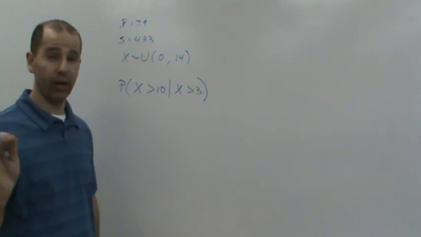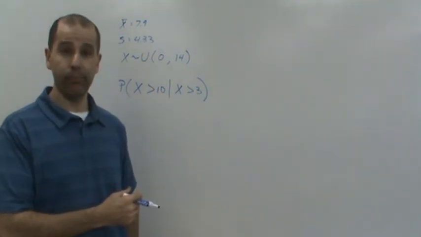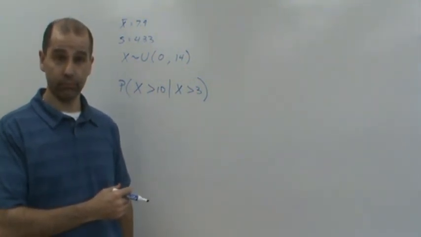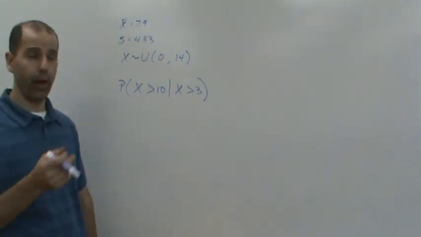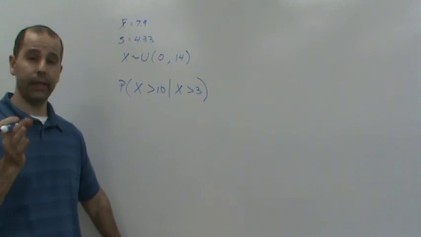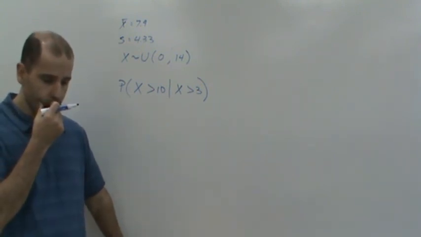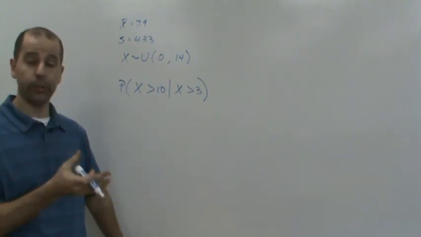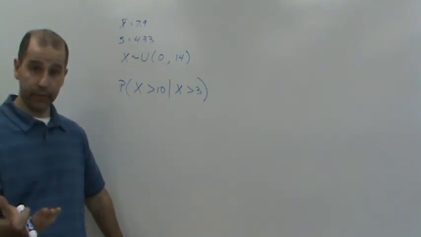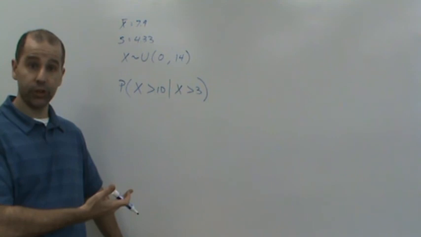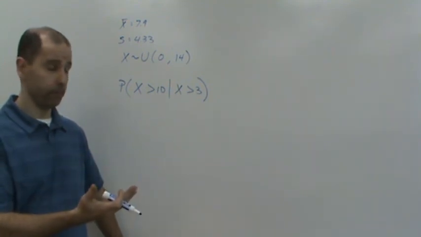We can ignore everything less than 3. Okay? What does it do to our distribution? Well, remember in chapter 3 when we talked about conditional probability that it changes our sample space. Well, here it's going to change our sample space as well.